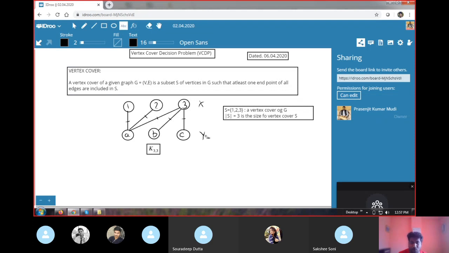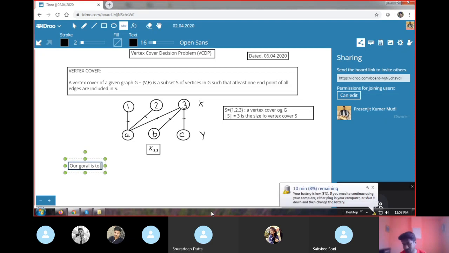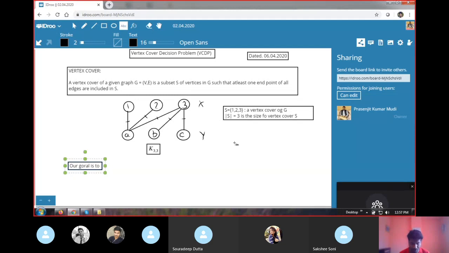Okay, so what is our goal? Our goal is to find a vertex cover of minimum size.